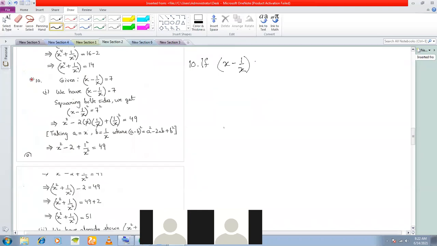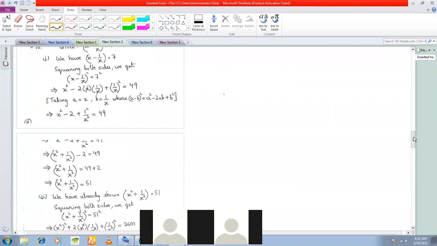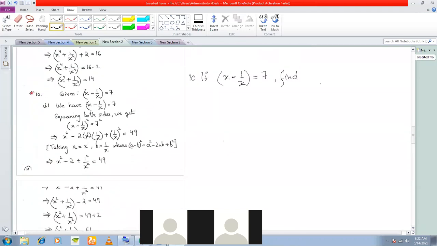Here we'll use the a minus b whole square formula because we have x minus 1 by x. So it is given here that if x minus 1 by x is equal to 7, find x square plus 1 by x square.